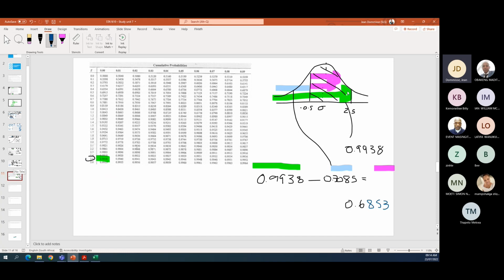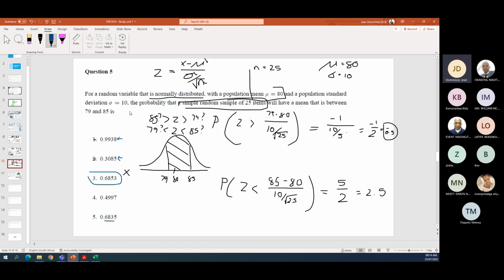You need to know which ones to subtract. If you practice this and understand this, then study unit 6 or 7 will be a breeze nearly, because this is nearly the most difficult one you can get.